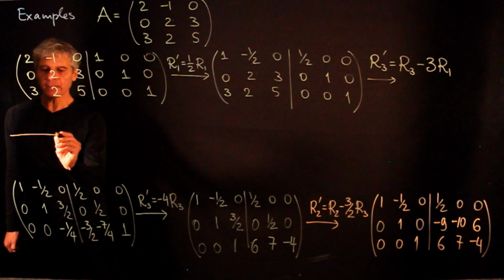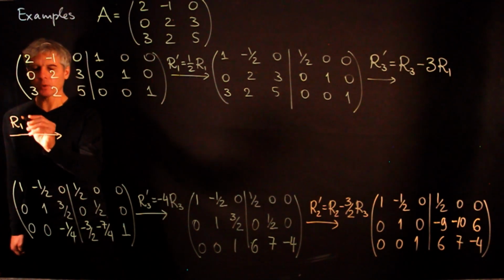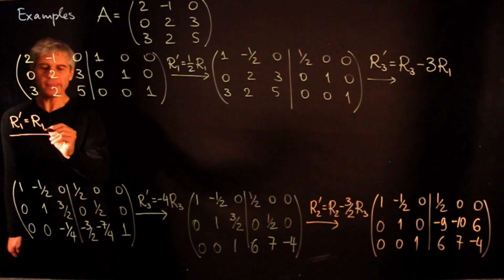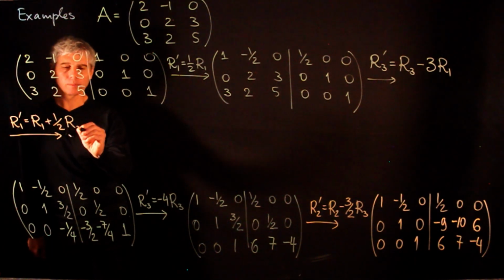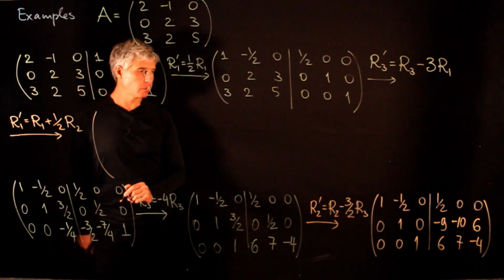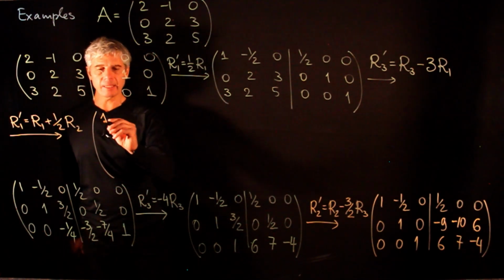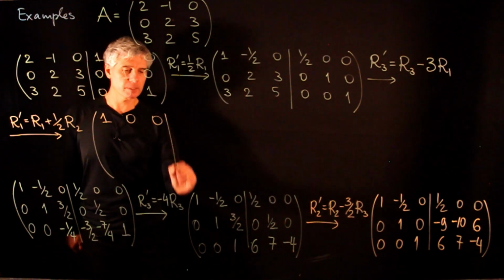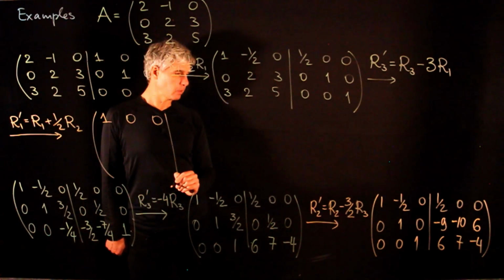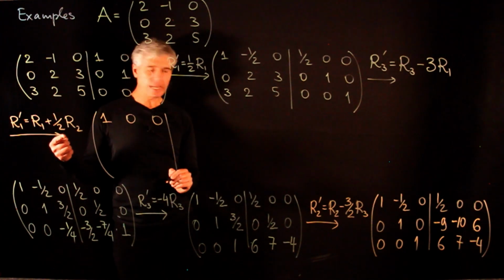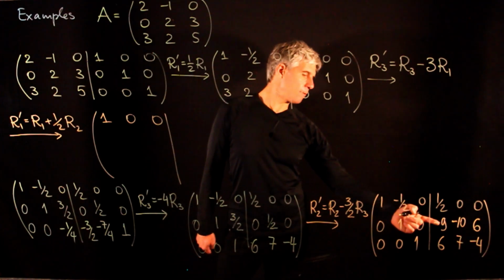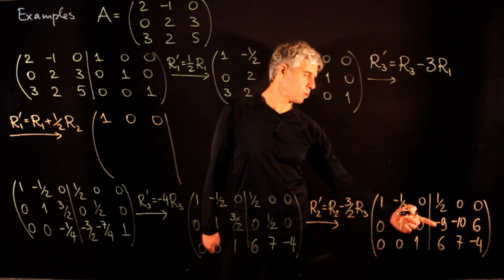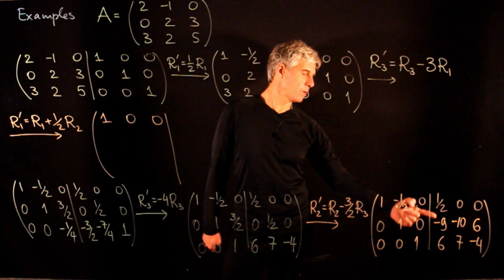And our last elementary row operation is row 1 new is row 1 plus 1/2 of row 2. So then we get the identity matrix on the left hand side. And so now we add half of row 2. So here we have half of negative 9. So this is negative 9/2 plus 1/2. So that's minus 8 over 2.